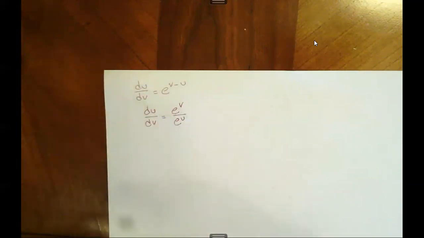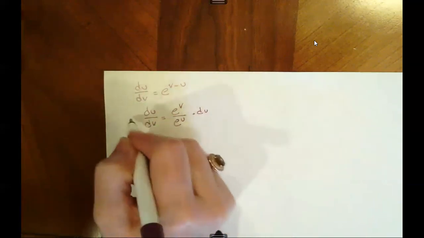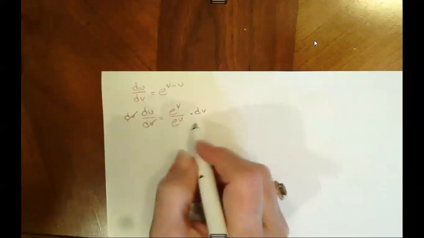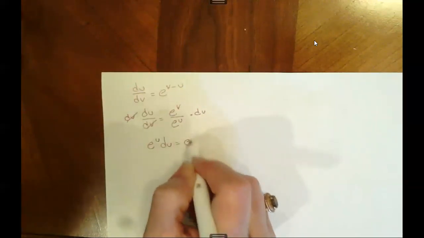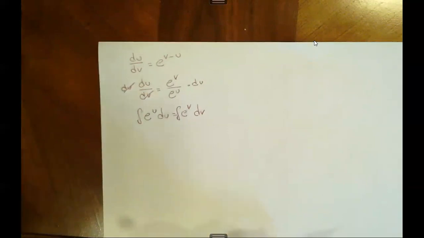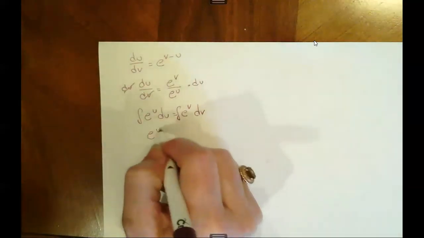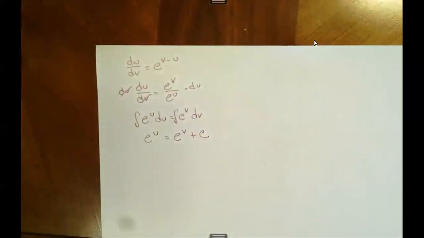And that way you can separate it out. So look for the algebraic things that are going to help you separate your variables. And then this one becomes pretty easy. Multiply by dv, and multiply by e to the u. We get e to the u du equals e to the v dv. And then we can integrate. And don't forget the integral of e to the u is e to the u. So this would just be e to the u. This would be e to the v plus c.